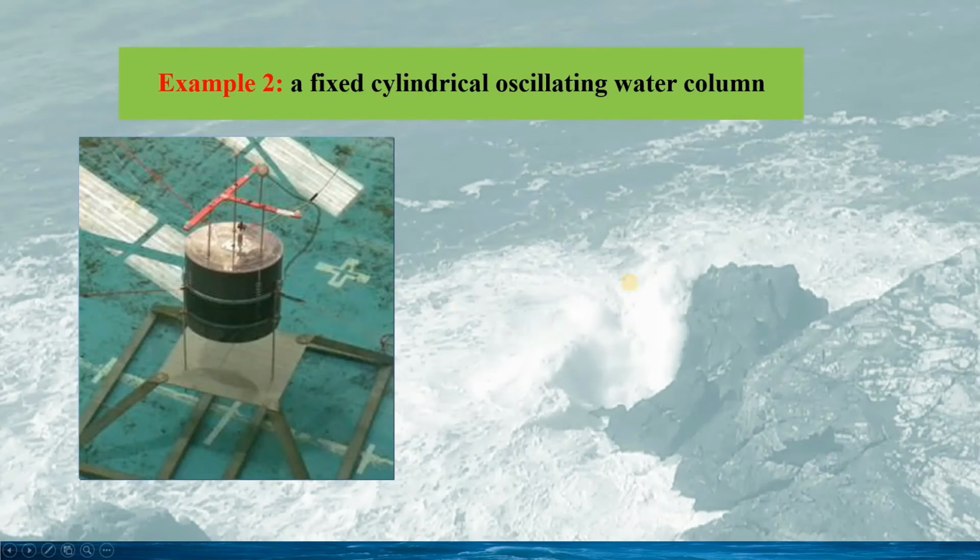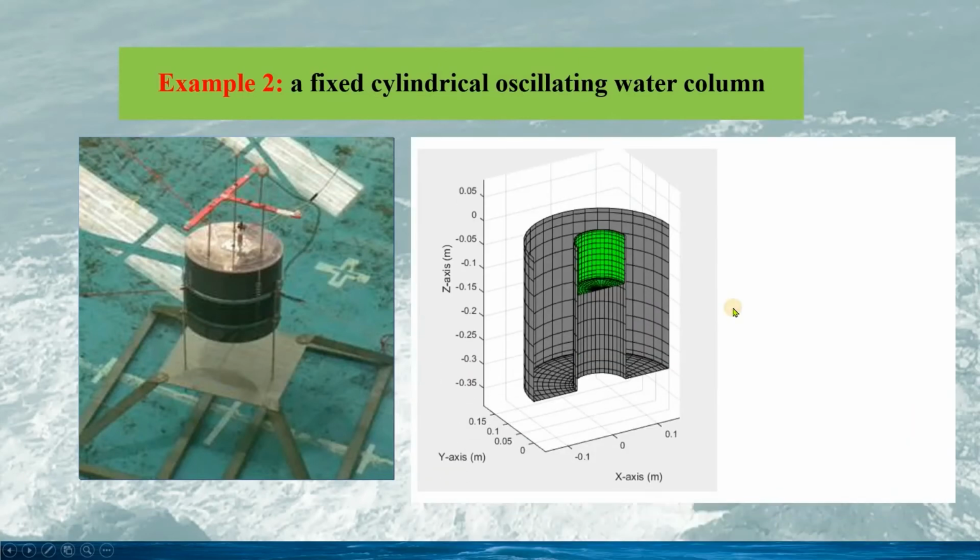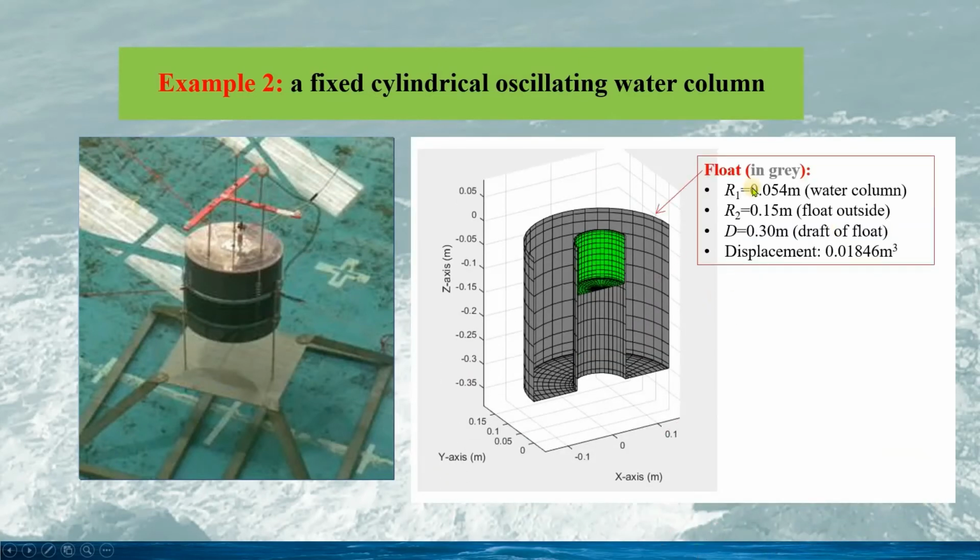The cylindrical OWC has an overall diameter of 0.3 meter, a water column diameter of 0.108 meter, and a draft of 0.3 meter. The OWC float has a displacement of 0.0186 cubic meter. See the half of the float and its panels in gray.